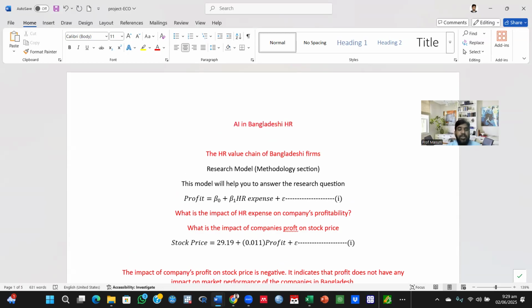Therefore, you can also write people analytics in Bangladeshi HR.